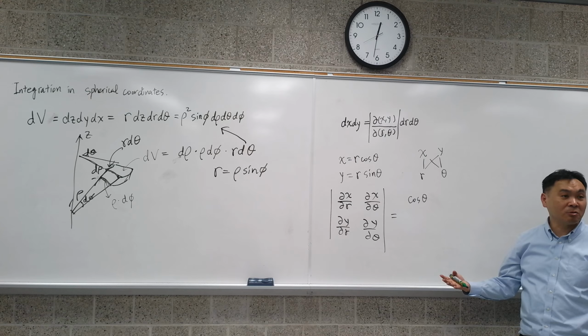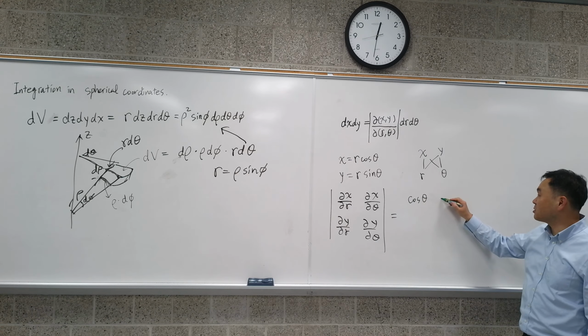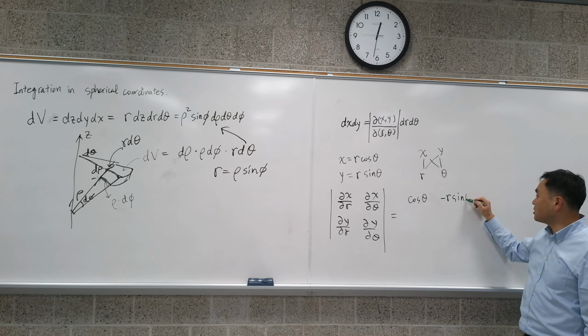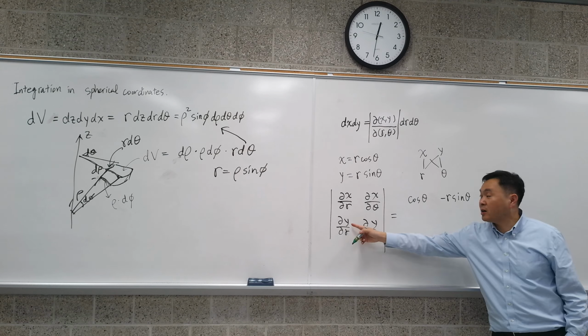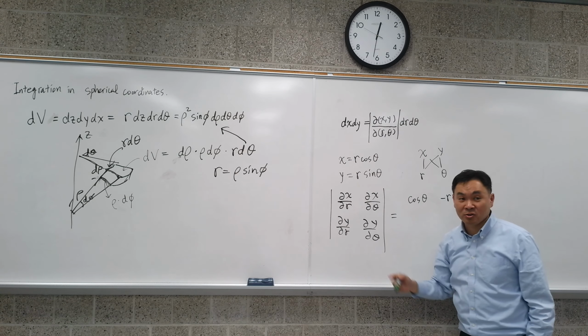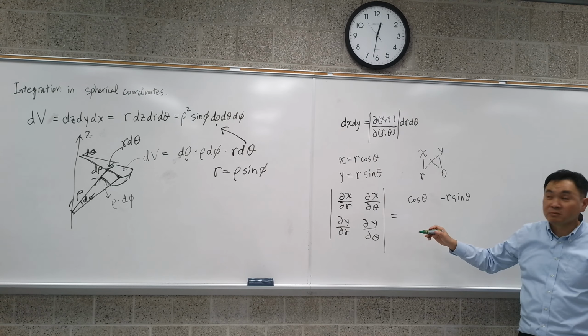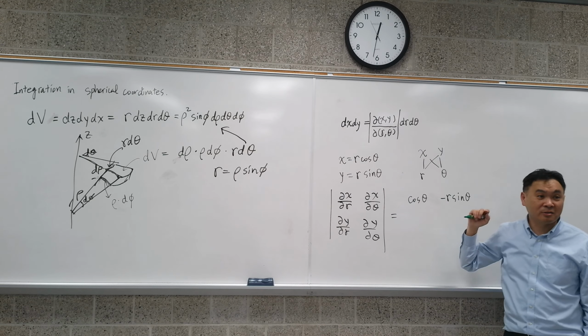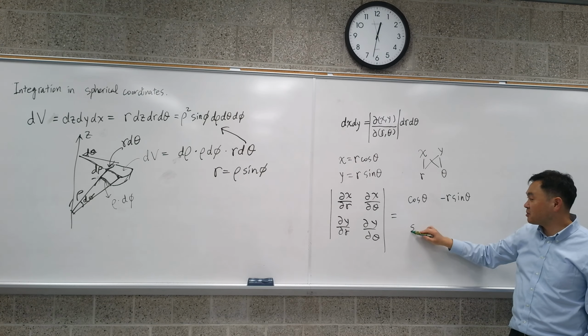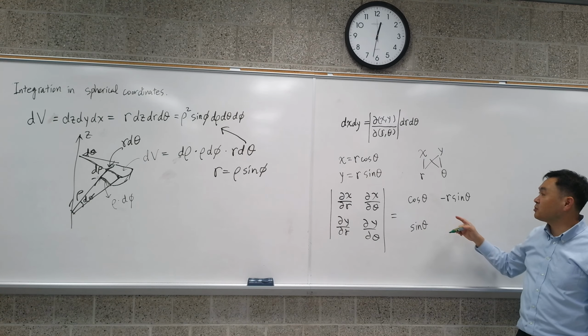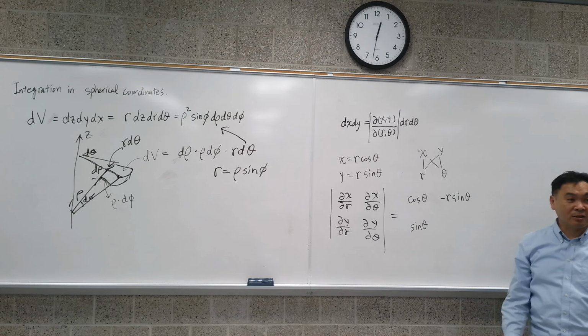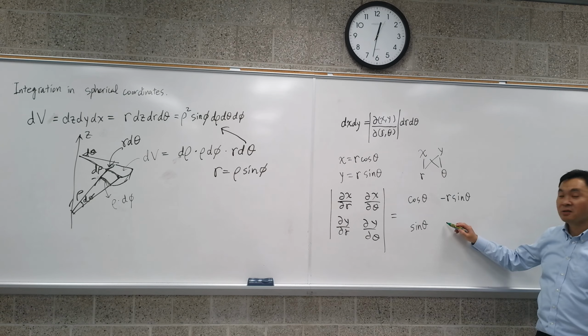Cosine differentiates to negative sine. Okay, negative r sine theta. If you differentiate this by r, what do you get? Sine theta. And if you differentiate this by theta, you get r cosine theta.